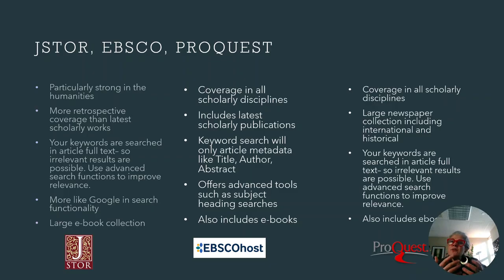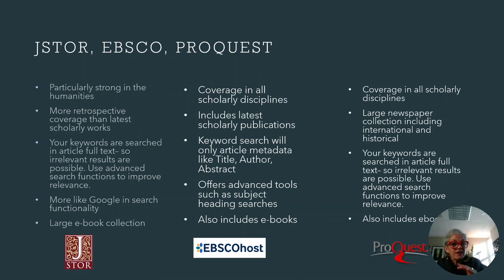But the articles tend to be more relevant if you are using your search words correctly. EBSCO also has advanced search features such as subject headings, which, if you find one that's for your topic, can open a whole new world of articles that are exactly about your topic.